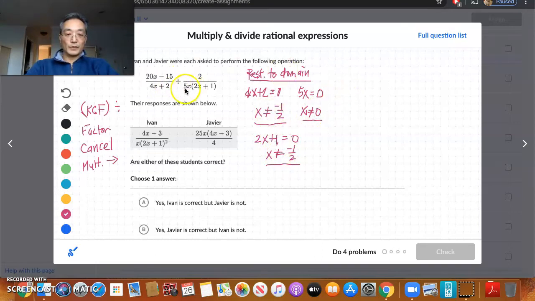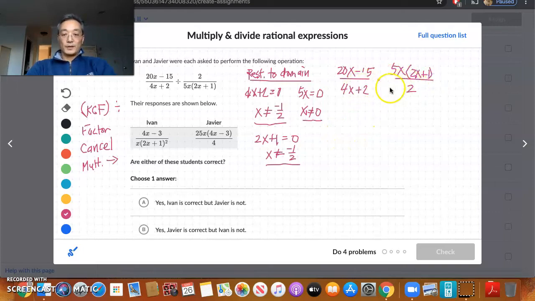Now, if we do a keep, change, flip to simplify it, we're going to get 20x minus 15 over 4x plus 2, times, and then flip it now, 5x times 2x plus 1, all over 2.